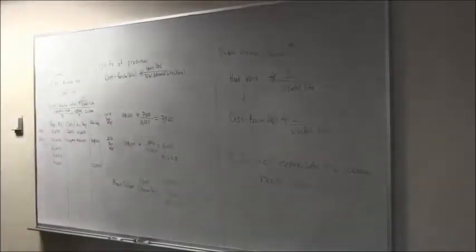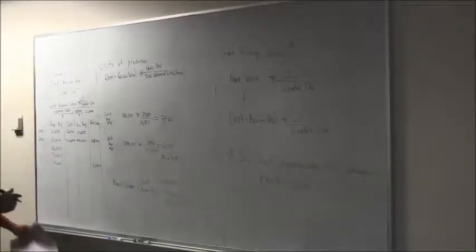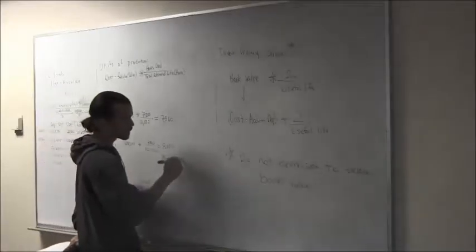104,340. So, you got, what is this, 15,660? That is my accumulated depreciation as of 2016.